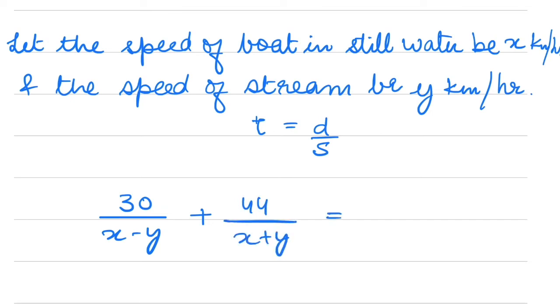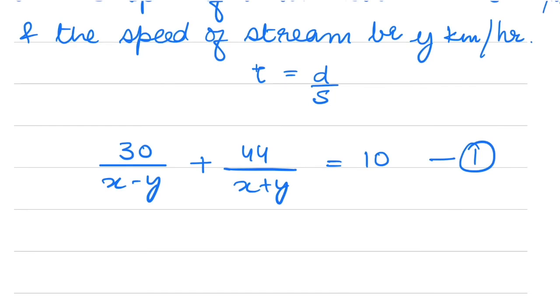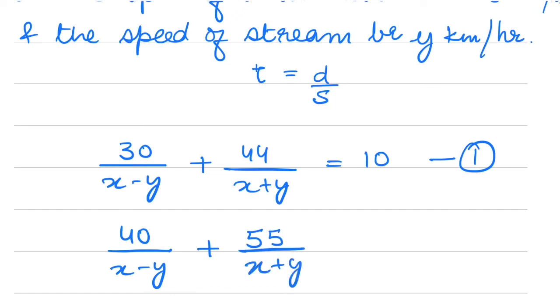So this is the time, 10 hours. This is the first equation. Now secondly, it is going 40 km upstream, speed will be x minus y, and it is going 55 km downstream, so speed will be x plus y and the time taken for that is 13 hours. So this is the second equation.